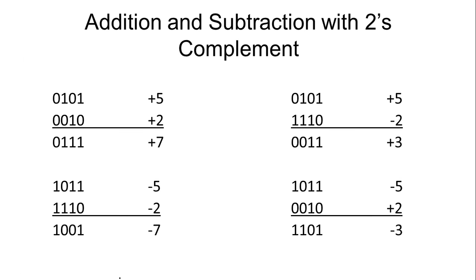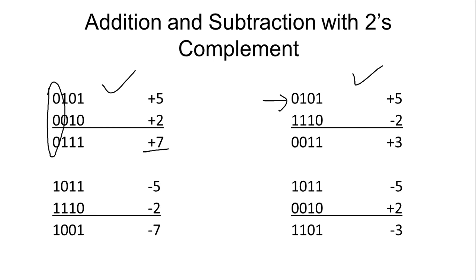Let's do some examples by using 2's complement. The first example just adds +5 +2, both are positive, and the answer is +7, which is also positive, and you see all the sign bits are 0. In this example, +5 minus 2: +5 is 0 1 0 1, which is very simple.